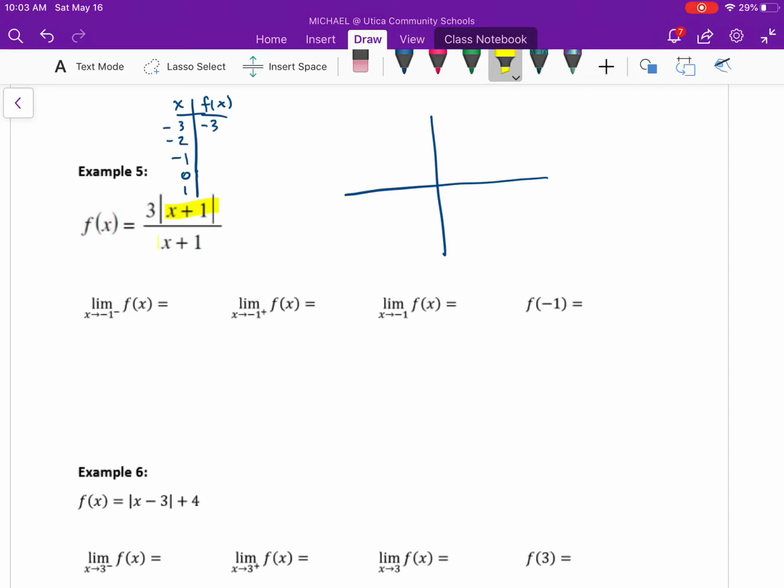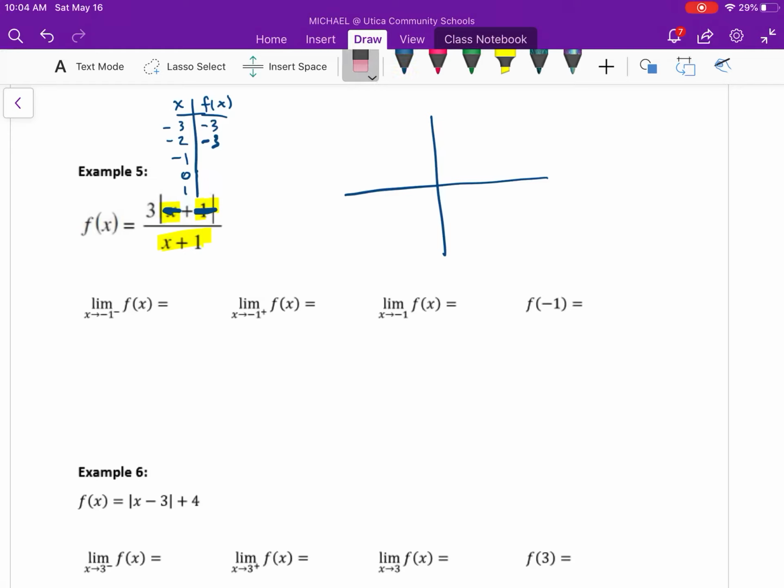When I plug in a negative 2, I get negative 1 on the bottom, and the absolute value on top turns into positive 1. So it's positive 1 over negative 1, which is negative 1, times 3 is negative 3. So as you can see, all of those values that are less than negative 1 are going to cancel out but make a negative 1. And negative 1 times 3 is negative 3.